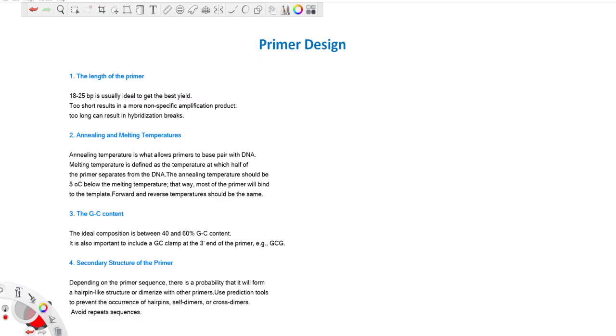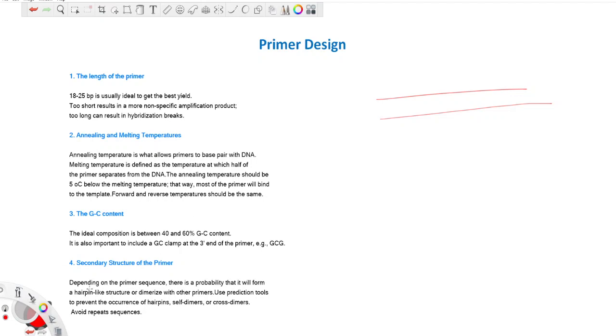Now, when it comes to the length of your primers, what you should consider is that primers that are too short, for instance, if I show you a region here like this, are going to have very non-specific regions.